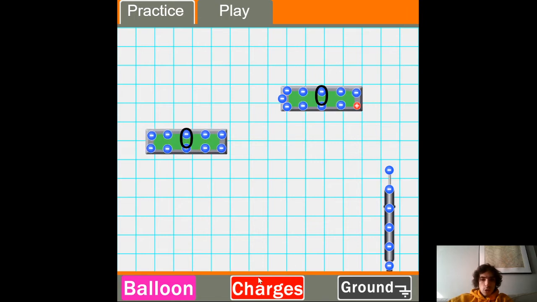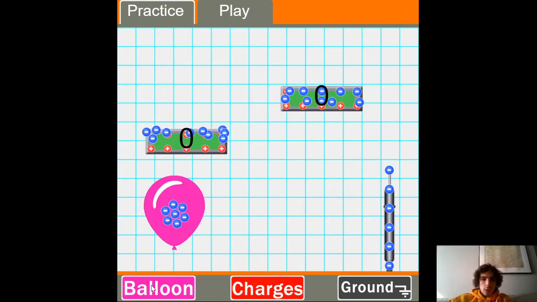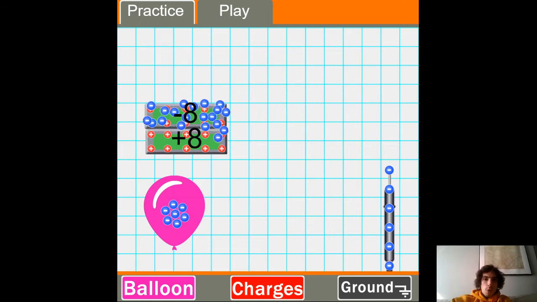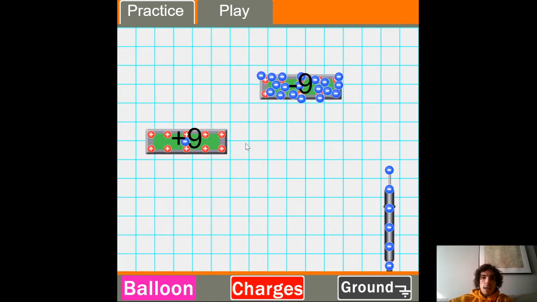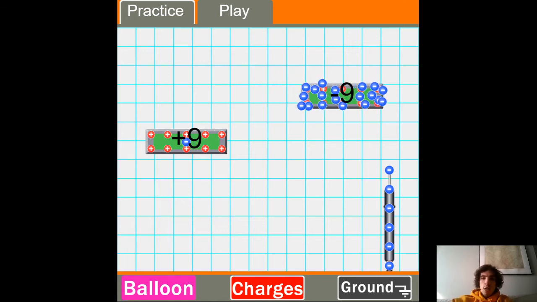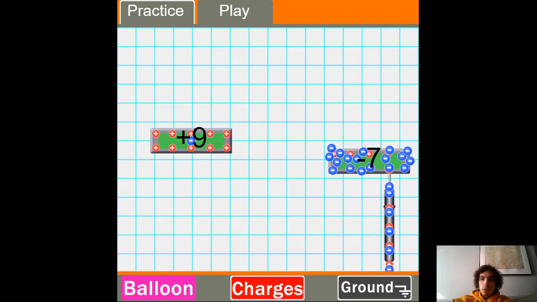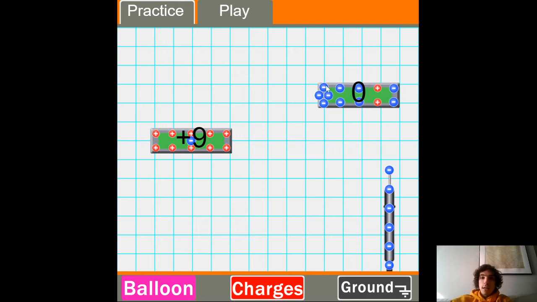And I'll do this again for a second. Charge these again, get one very negative, bring it over here. So now we've got a -9 charged rod and a +9 charged rod. So notice what happens when we touch this negative object to our ground. Notice what happens to these electrons. They are flowing into the ground, because when this object was negative, it had an excess of electrons.